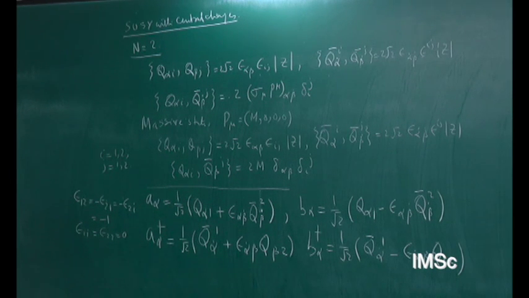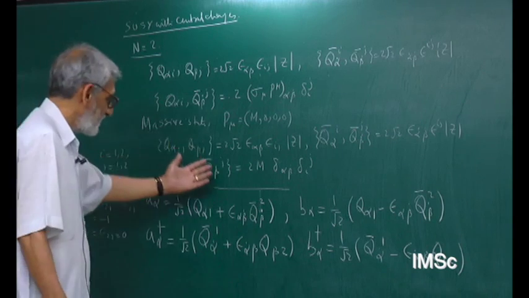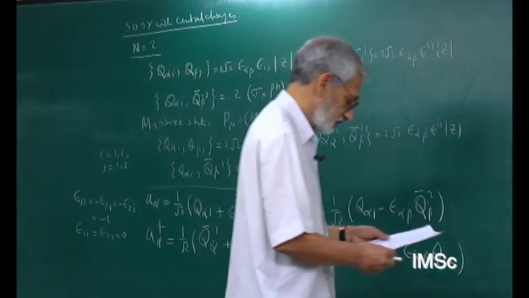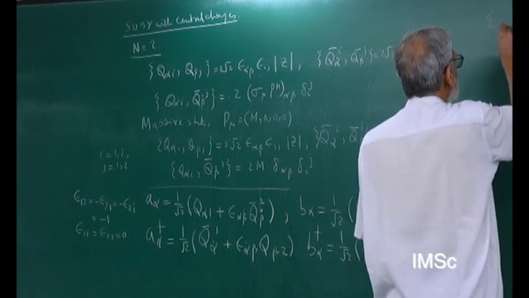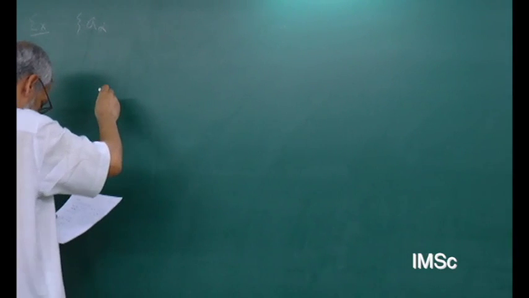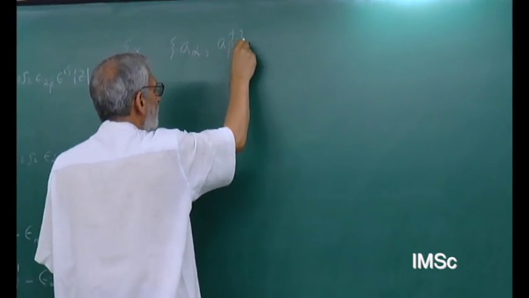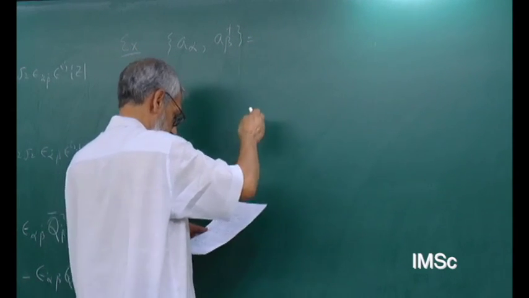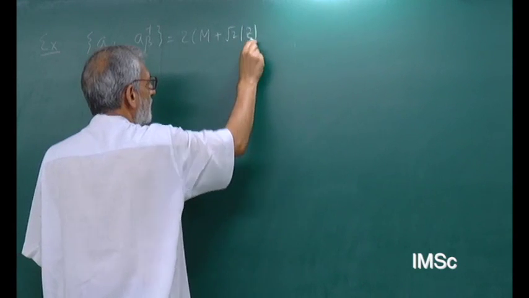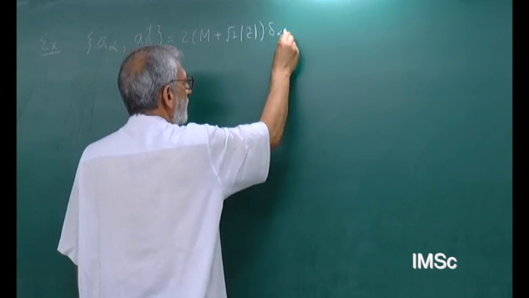Now, the reason to do that is because if you introduce these linear combinations of the supercharges, then the algebra takes a simpler form. And what is that? I thought this would be an exercise: A alpha anti-commutator with A beta dagger is 2m plus root 2 mod Z delta alpha beta.